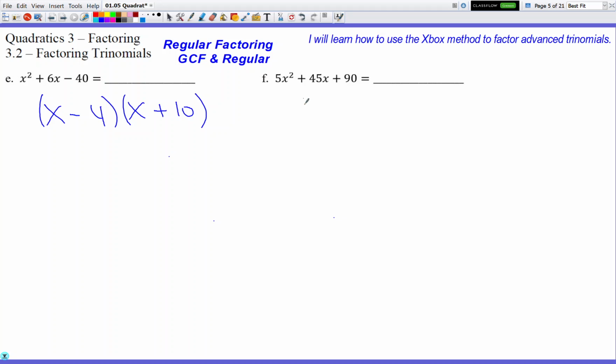Is there anything I can GCF, reverse distribute, from all three of these things? Hopefully you say I can take away 5 from everybody. I cannot take away x because 90 doesn't have any x's to give, but I can at least take away a 5 from everybody. So when I take away the 5, I get x squared plus 9x plus 10.